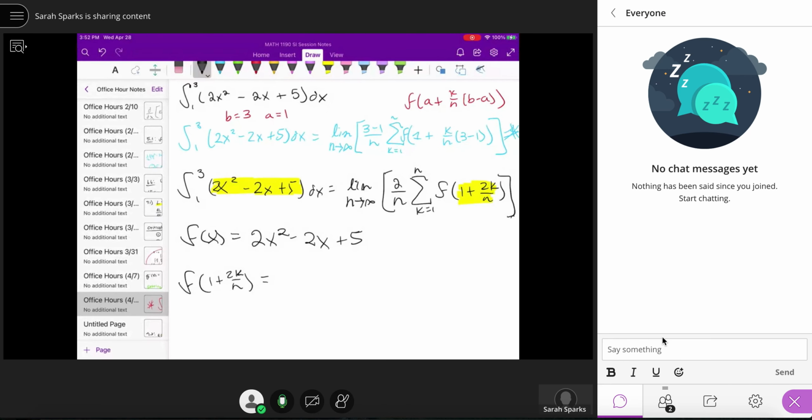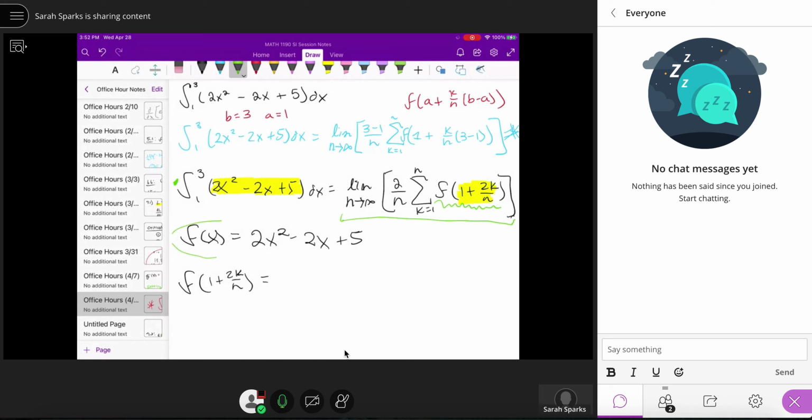Okay. Sorry, Sarah. My Wi-Fi went off. You're totally fine. Okay. So whenever we get to this point where we've plugged in our a and our b and we've simplified this right side Riemann sum, we see that we still have this f of what's in here, right?